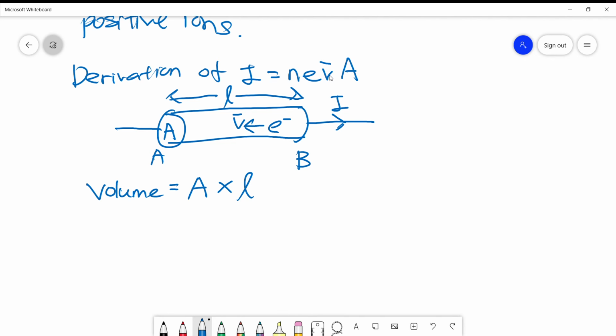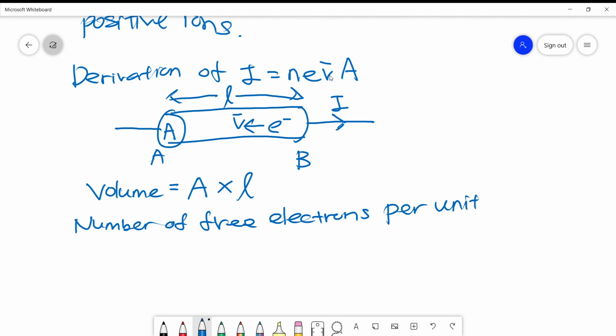From the previous video, we talked about the free electron density, which is also known as the number of free electrons per unit volume. So the number of free electrons per unit volume, which is N, is equal to rho Na over molar mass.